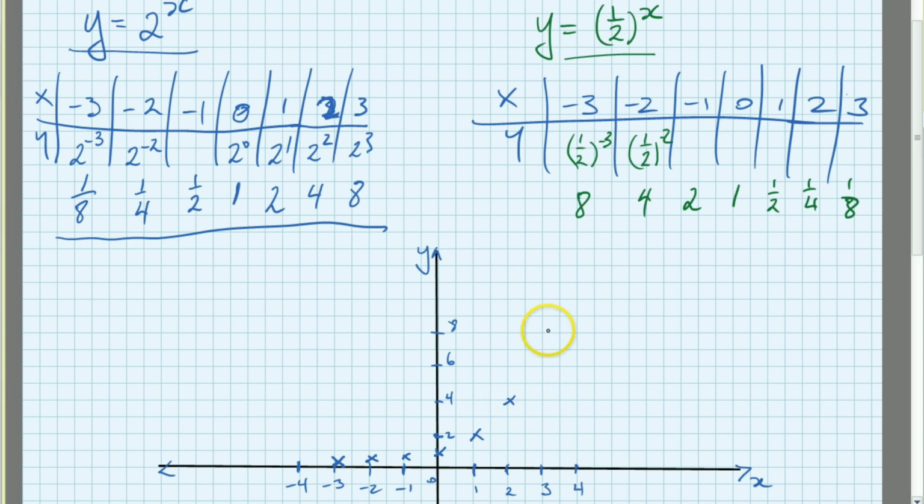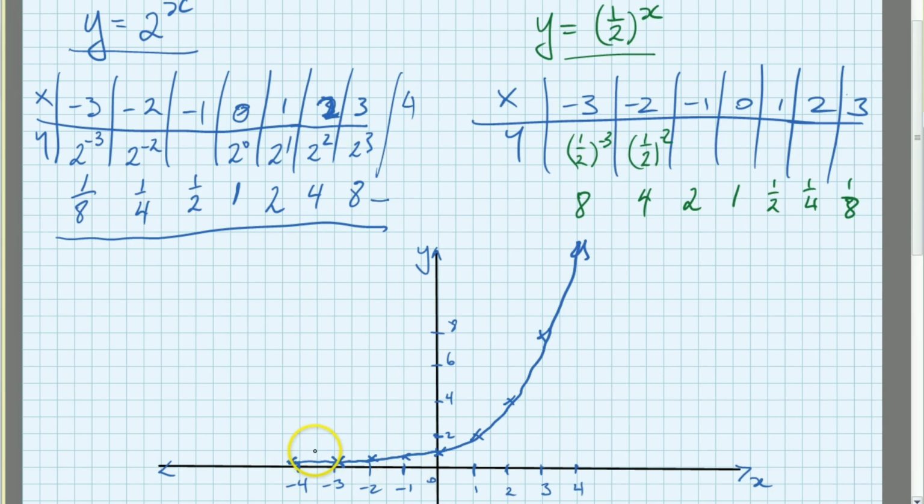You'll see that as x gets bigger and bigger, this is going to get larger and larger, and it gets very large very quickly. And the graph will look something like this.